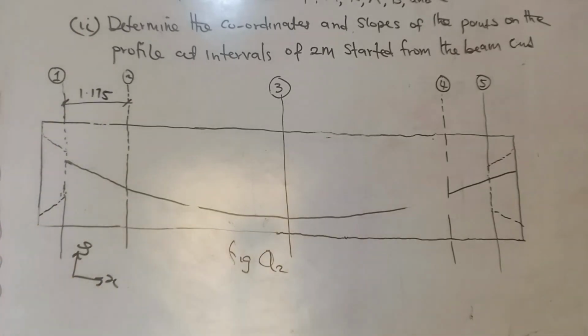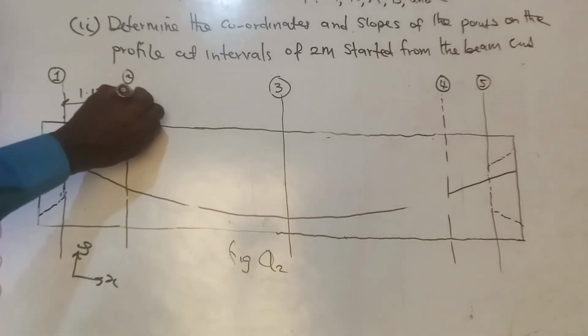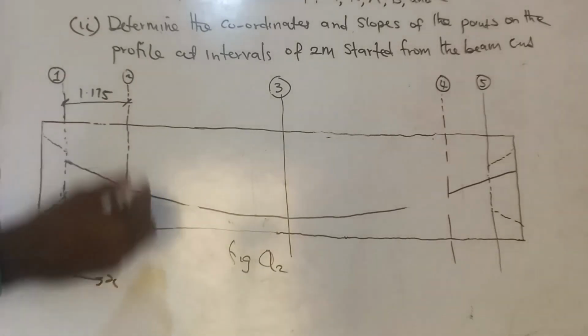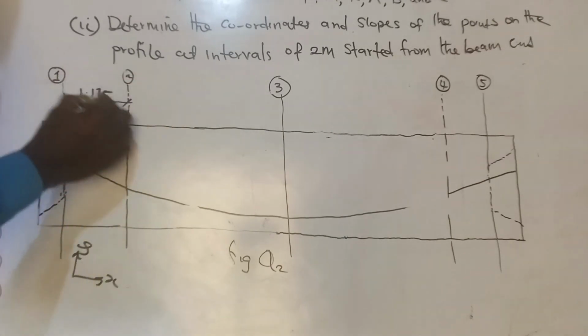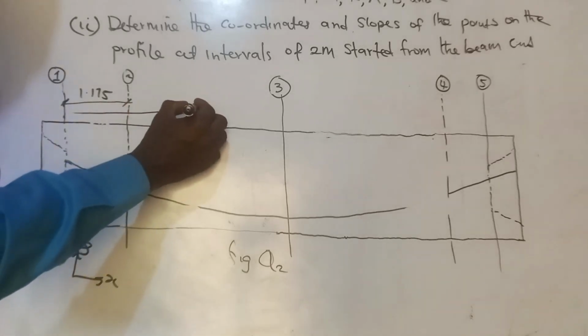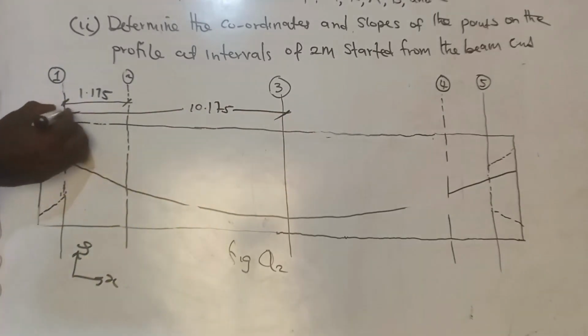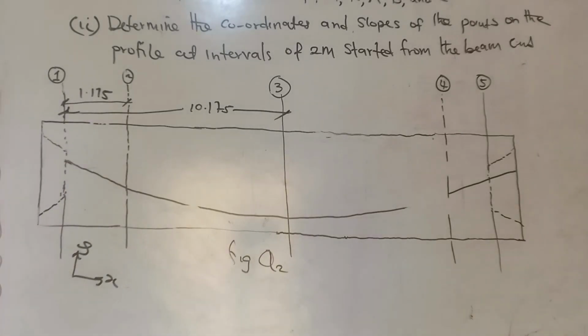Also, from point 2 down to point 3, we have the coordinate in the x direction to be 10.175. So from here down is 10.175. Approximately between point 2 and point 3 is about 9 meters.